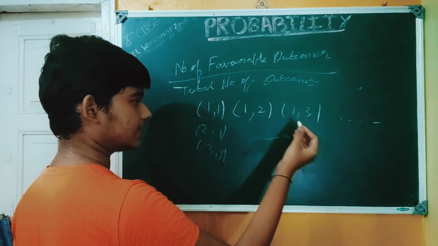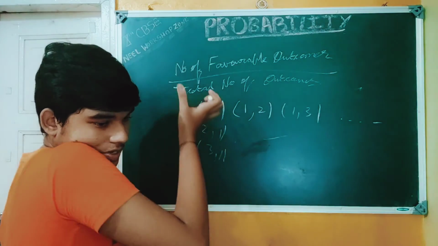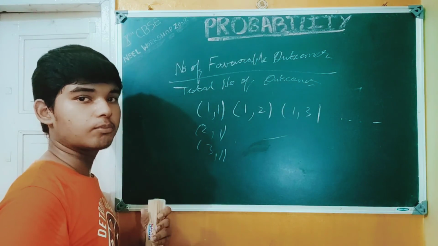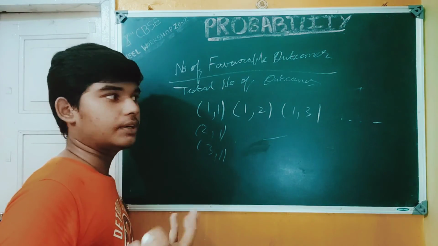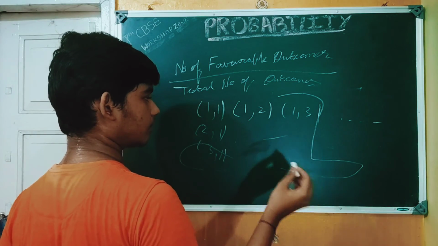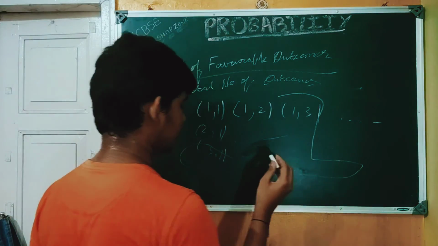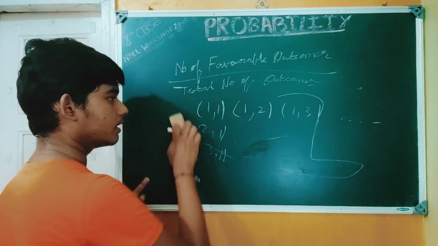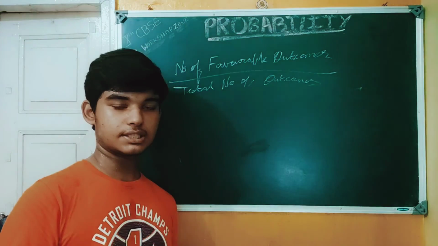Then imagine they ask you, when you roll the dice 2 times, what is the probability that in either of those rolls the value you get is 3? So you need to round them up, which will come to 1 comma 3, 2 comma 3, 3 comma 1, and all of these, then 4 comma 3, etc. So it's pretty simple. By looking at it, you'll kind of understand it.